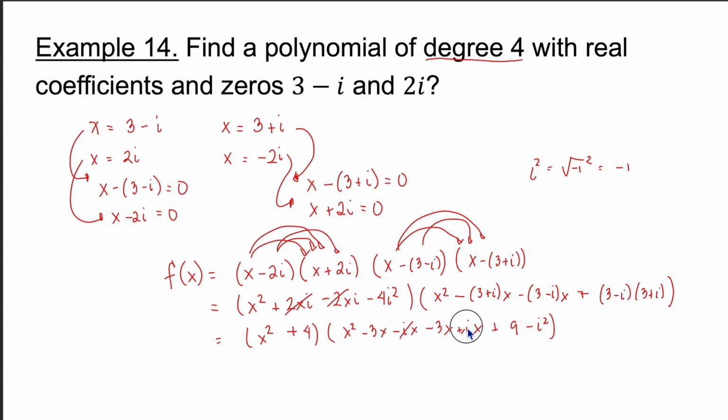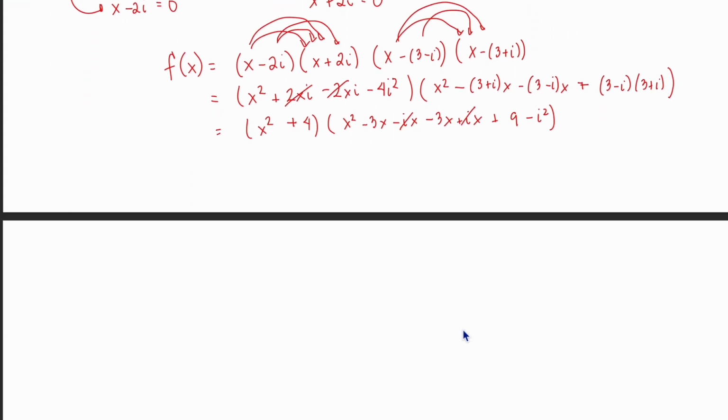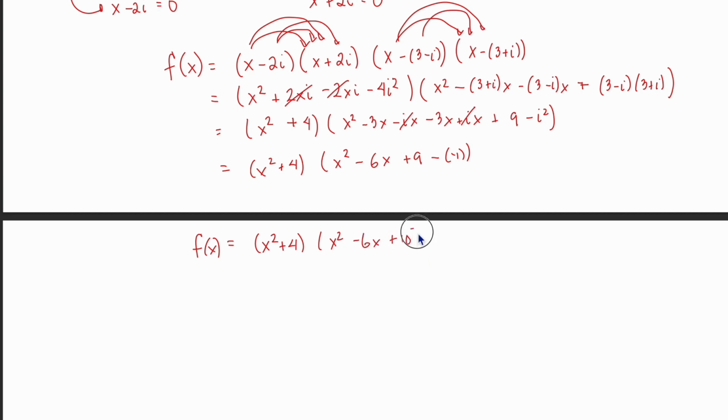Ito and ito. So, we now have x squared plus 4 times x squared minus 6x plus 9 minus, what is i squared again? We have negative 1. So, finally, f of x now is x squared plus 4 times x squared minus 6x plus 10.